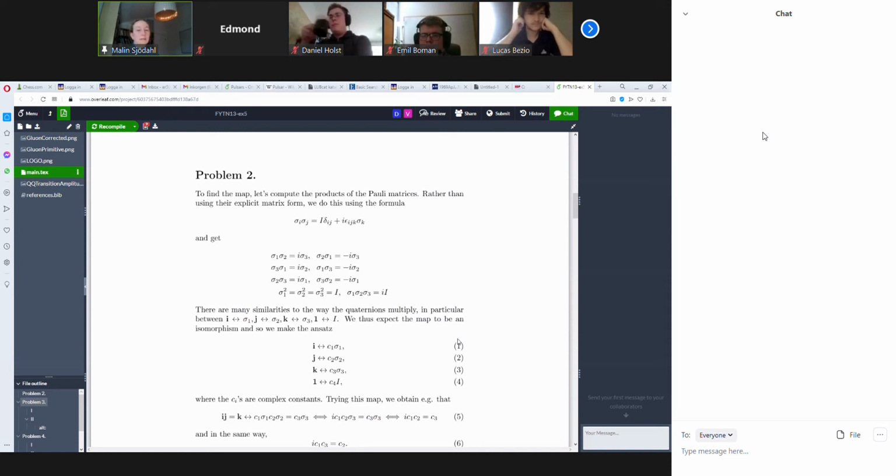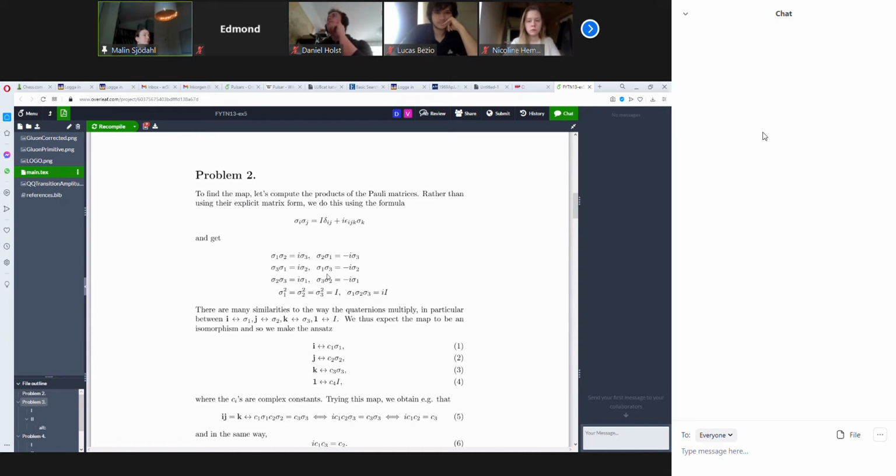The question is to find a map, a one-to-one map between the quaternions and the SU2 generators. And the quaternions have some algebraic relations that we are given. The first thing that I thought of was to try and see what relations the SU2 generators fulfilled.